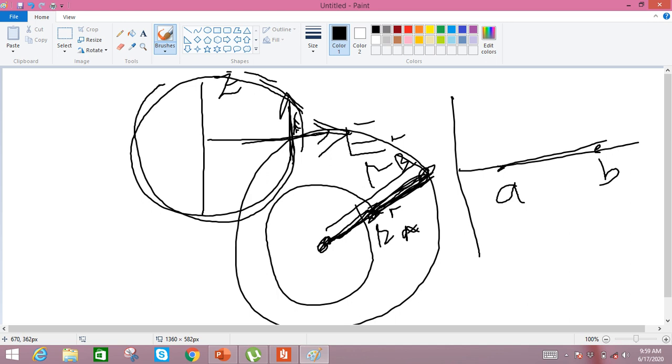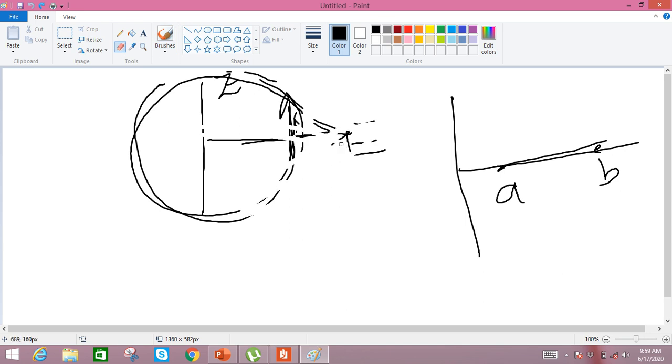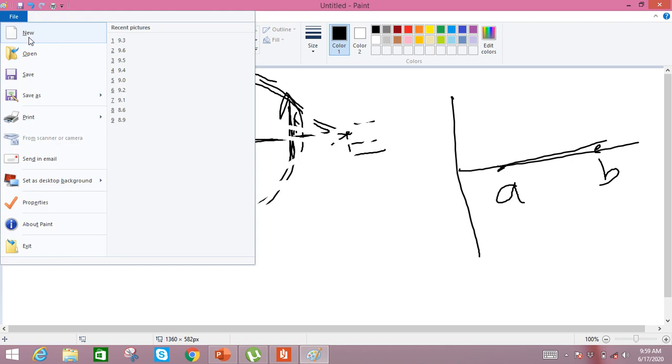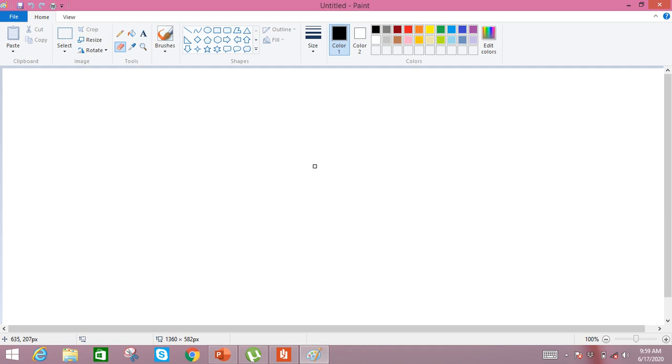This is our point charge. Let me make it clear. Let's suppose we have a point charge that is placed at the origin.